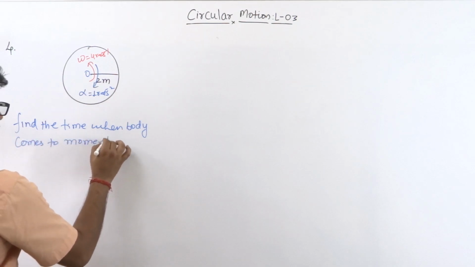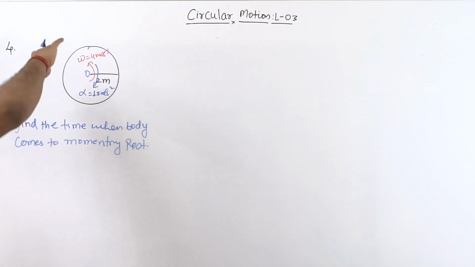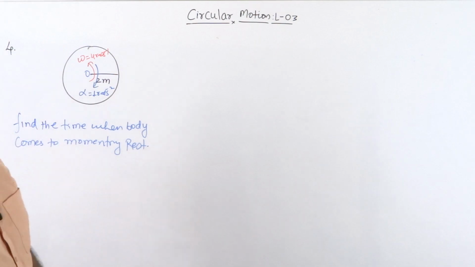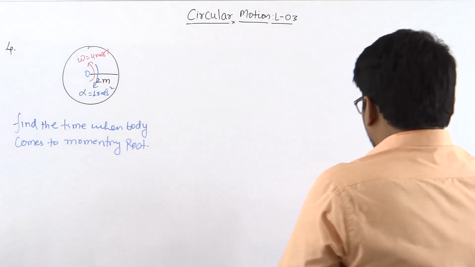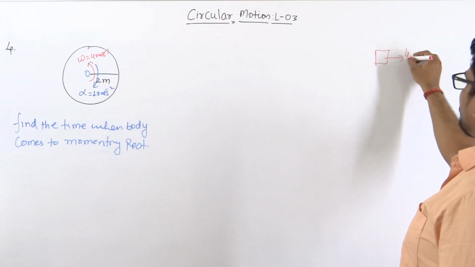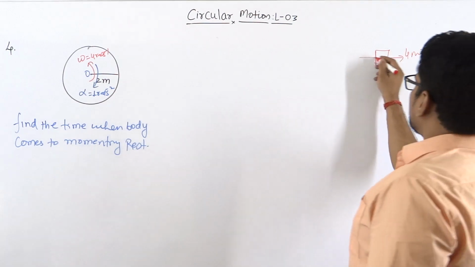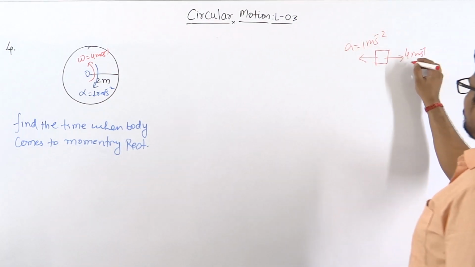Body comes to momentary rest. Now why am I using the word momentary rest? The reason being वो acceleration इसको रोकेगा और वापस से clockwise direction में उसको move करेगा. अगर आपको linear translational motion में याद है आपने देखा होगा कि let us suppose if a body is moving towards right with a certain velocity, let's suppose 4 meter per second, और इस पे एक acceleration लग रहा है, let's suppose 1 meter per second square, then what is going to happen?